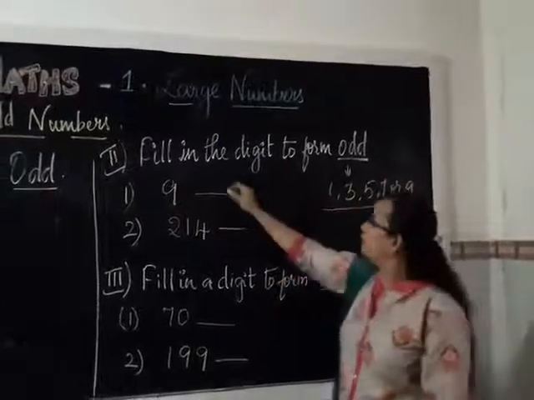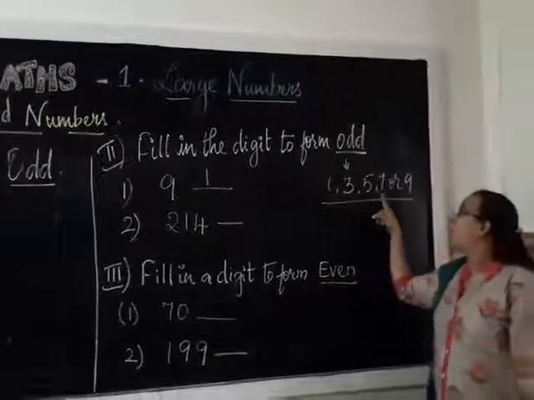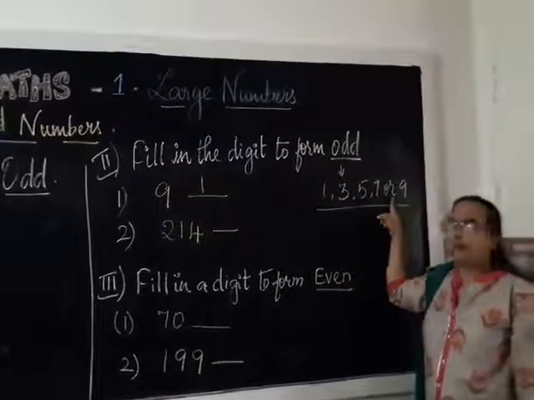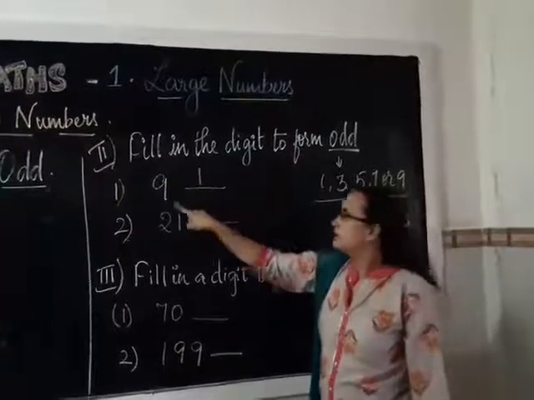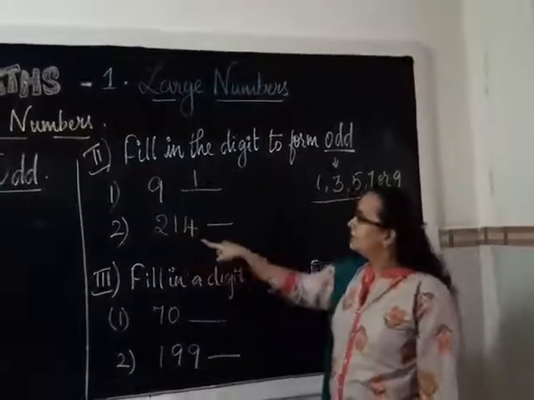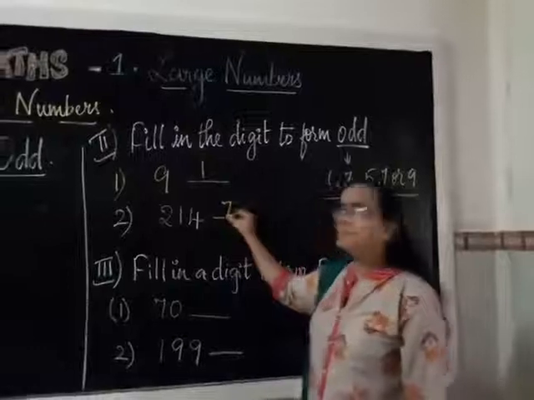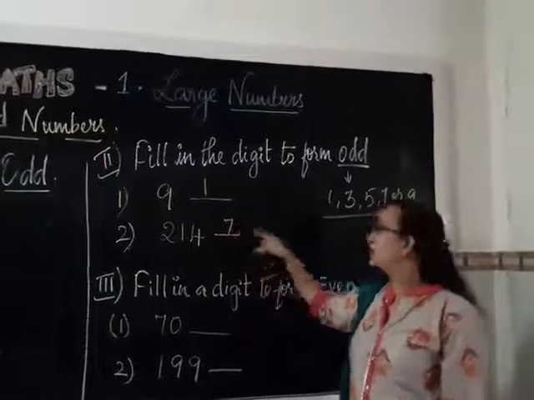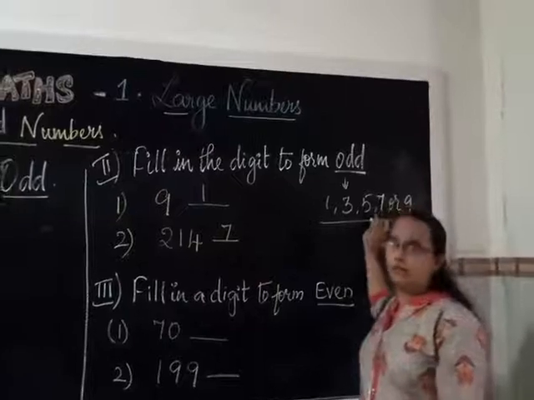You can fill 1 or 3 or 5 or 7 or 9 to make an odd number. Okay, so this is 91. You can fill any one number here. So I am just writing 7. Is it odd or even? Odd, because 7 is an odd number.